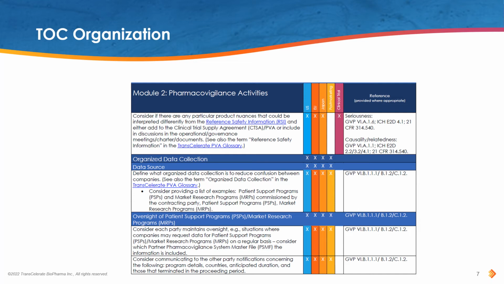The table of contents is organized based on the module, the headings, which are in a lighter blue color, and points to consider. Throughout the points to consider, there are multiple hyperlinks that can help you to easily navigate to related content or to the Transcelerate PVA glossary for definitions.